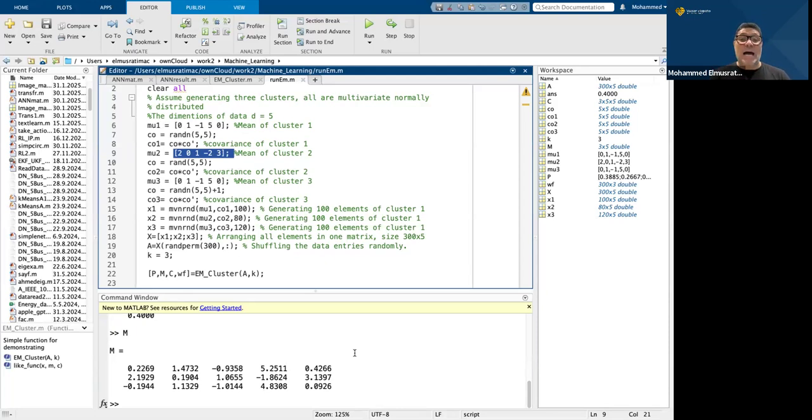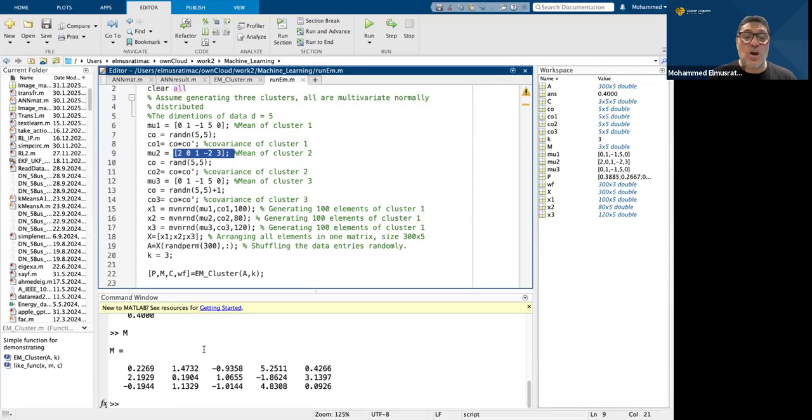So remember, no labels. You just throw in this raw data without any labeling, and this code was able to cluster it correctly, amazingly correctly, actually. Now the data is finite.